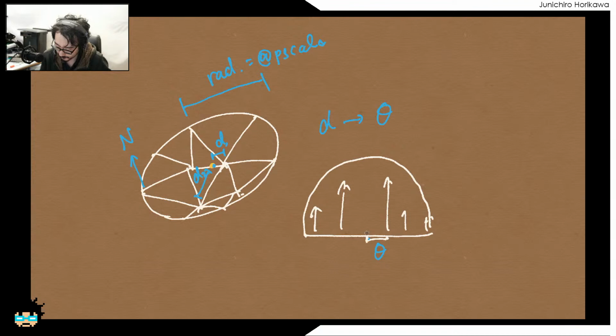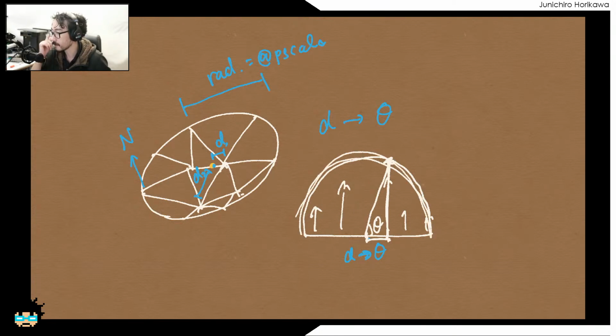So somehow I want to convert this d value to an angle and use it for maybe this angle right here to move this upward so that I can have this kind of hemisphere shape. Okay, so let's see how I can do that.